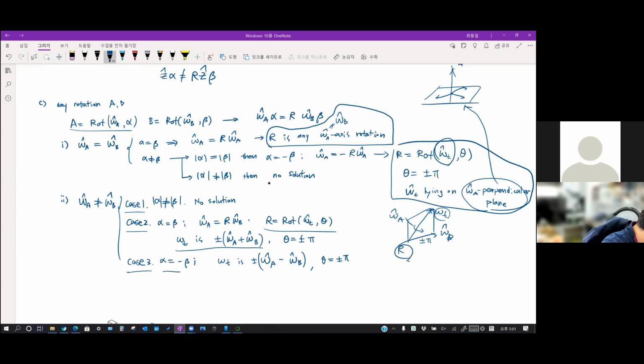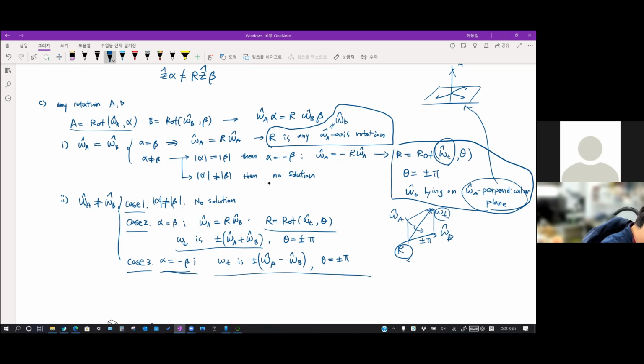And in the case of this one, alpha and beta are not equal, but the size is the same. In the case, alpha is minus beta. So in the case, this one becomes the solution.